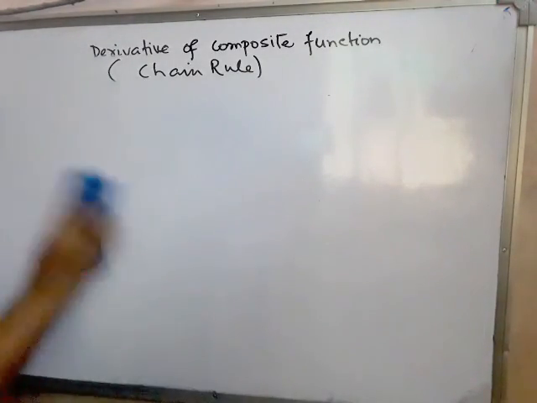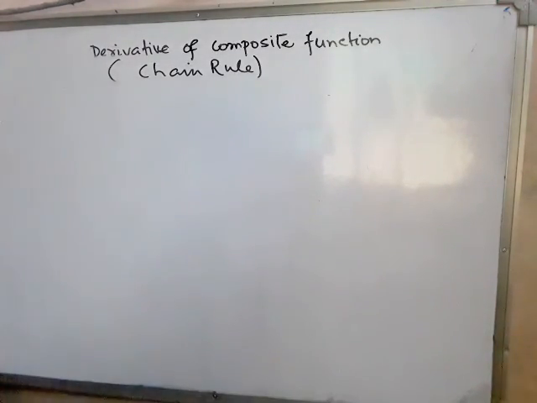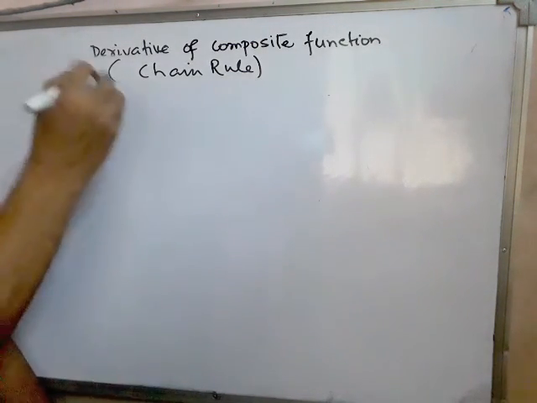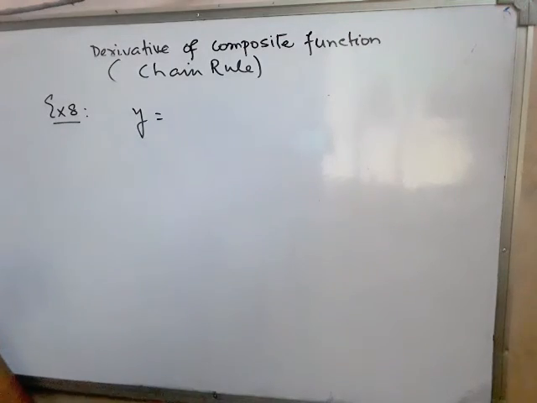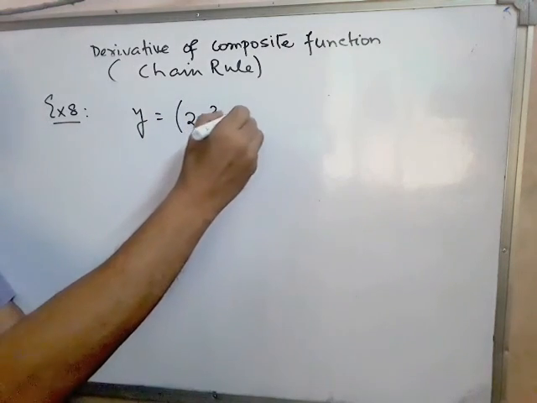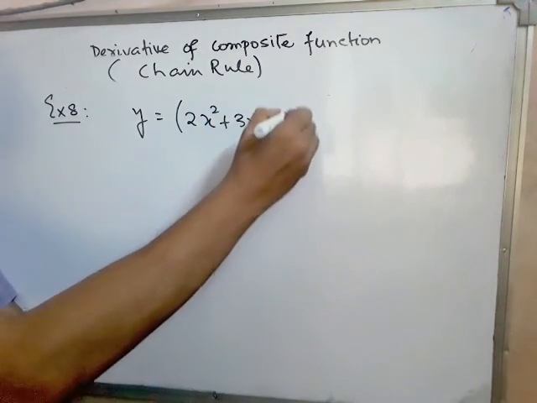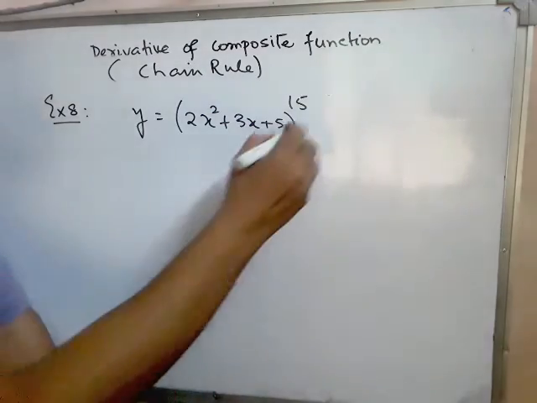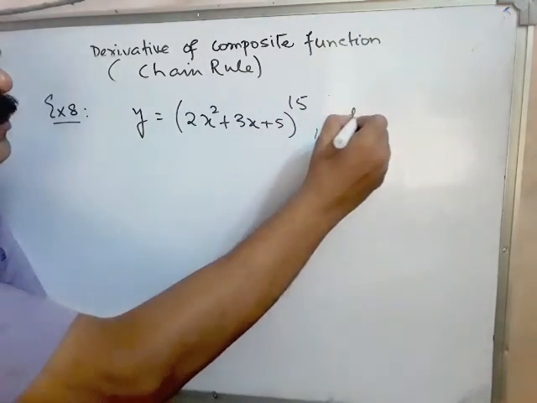I am giving one example. Example 8. Say we are going back to the first example type. Say it is given 2x square plus 3x plus 5 whole to the power 15, and we want to find dy by dx by direct chain rule.